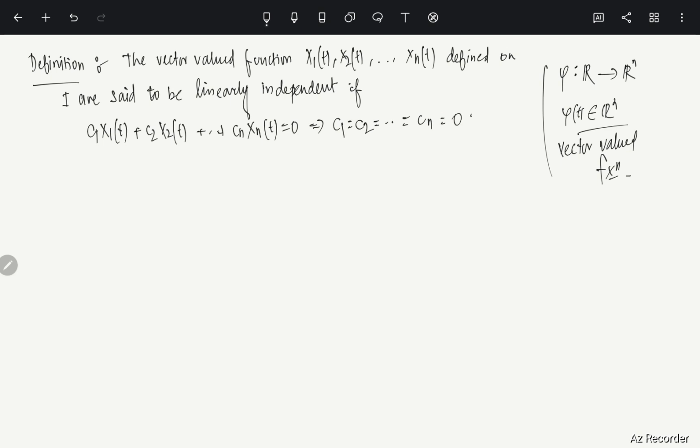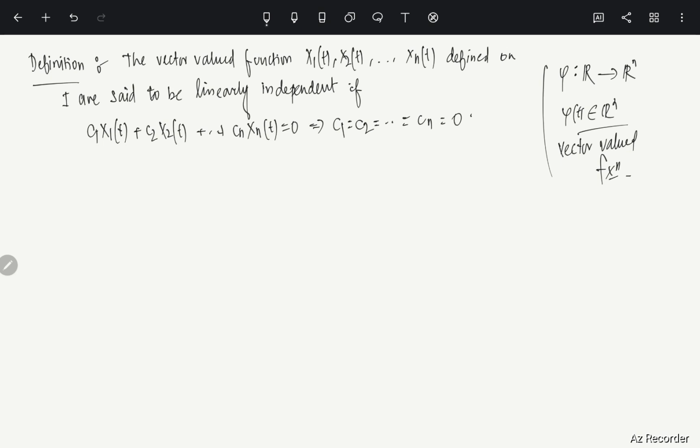Clear? And please remember the c1, c2, ..., cn are all real numbers, and for fixed t, x1(t) has to be a vector in Rn. So if n equals 2, it is basically a vector in R2.